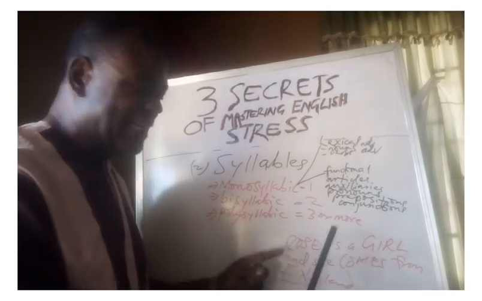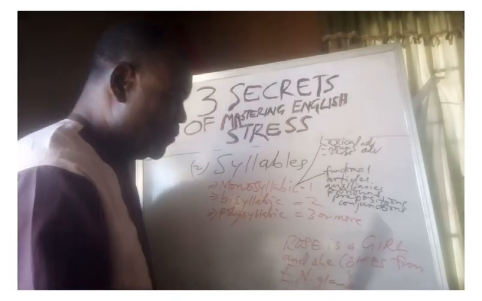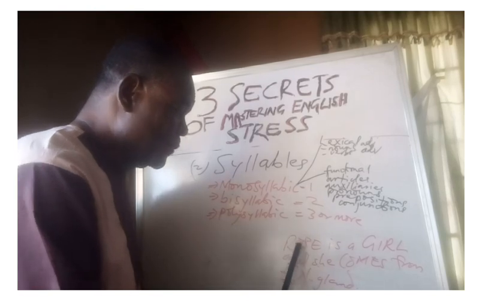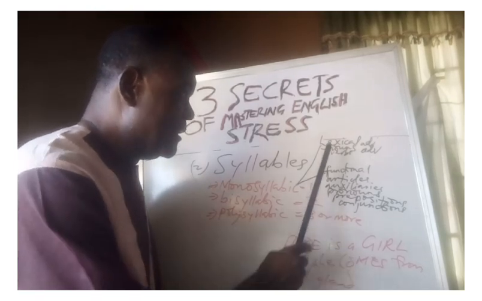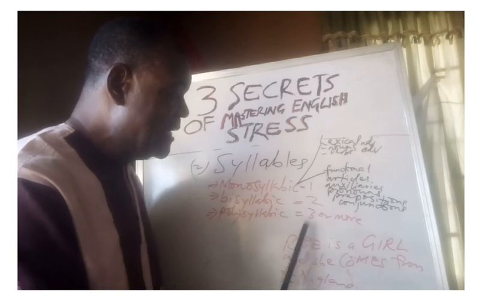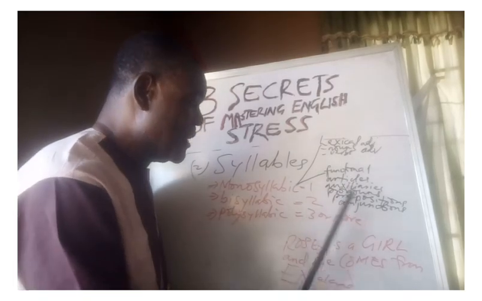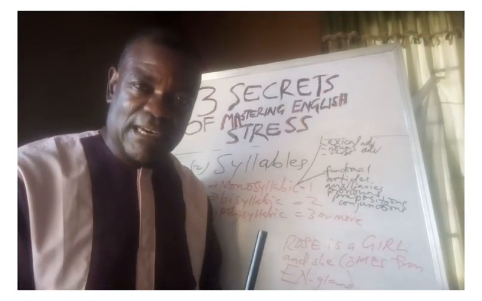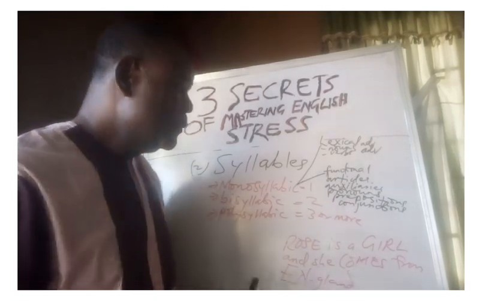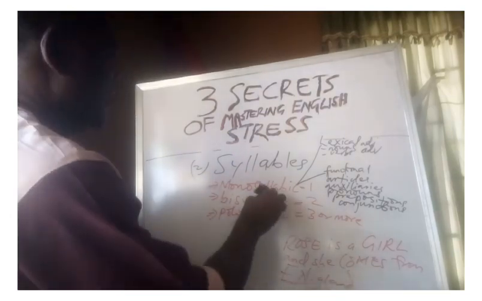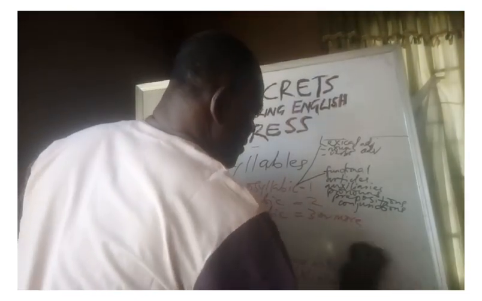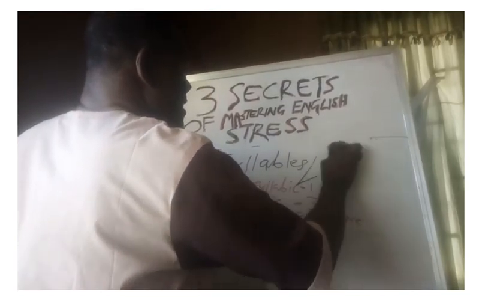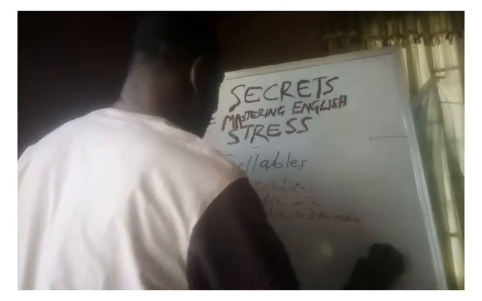When we speak in sentences, we stress the lexical words in the sentence, and we unstress the functional words in the sentence. And that makes English sound musical. It's not monotonous. So that's exactly the way the monosyllabic words are handled, and so that is one way in which syllables affect stress.